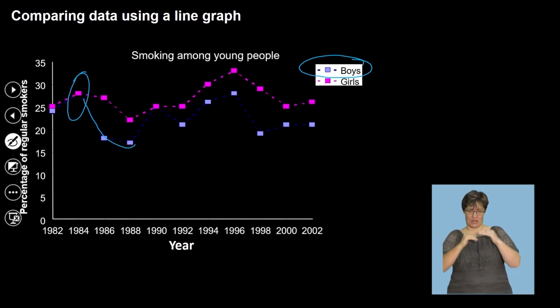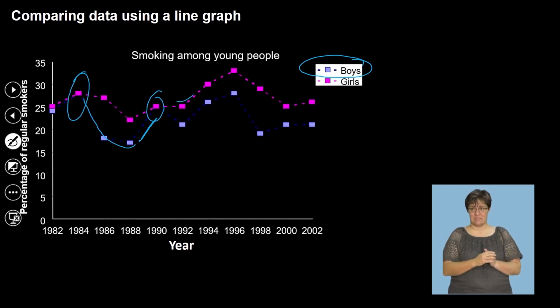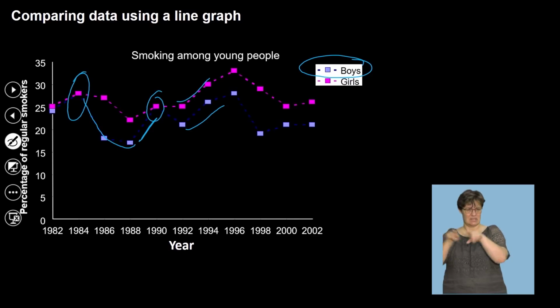What might be the reason? Interesting, both decreased. Then where they do meet implies they were equal. Then we can see that the boys increased. Girls increased, boys also increased. So actually both increase and decrease at the same time. Interesting.